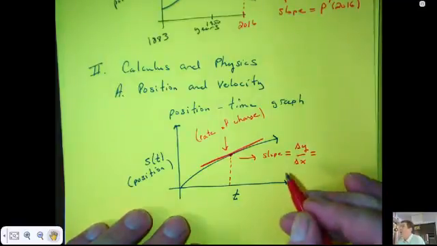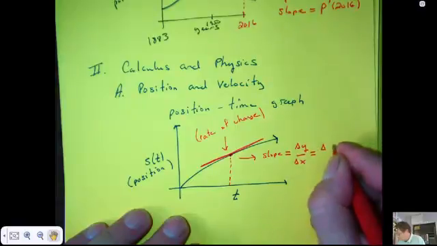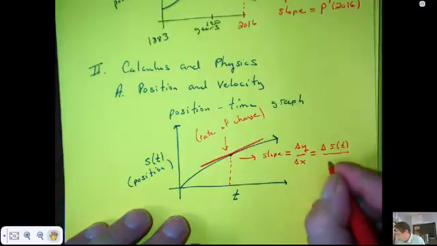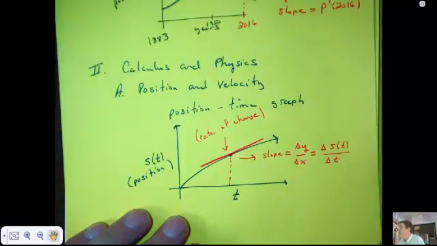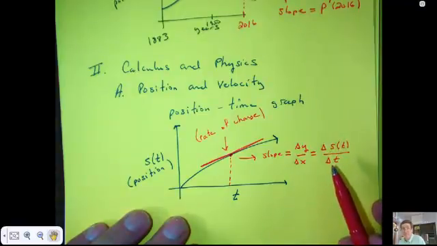My change in y would be the change in position, and the change in x would be the change in time. So this ratio of the change in position over the change in time has a special name. How fast your position is changing, we call that your velocity.